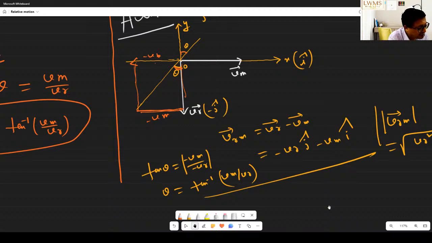To a man walking at 3 km/h, the rain appears to fall vertically.